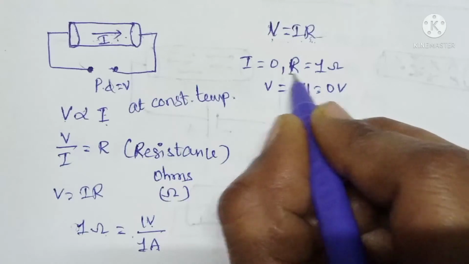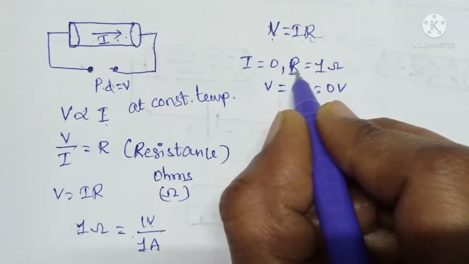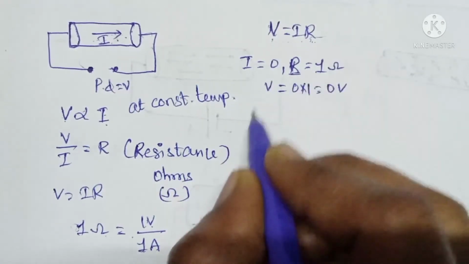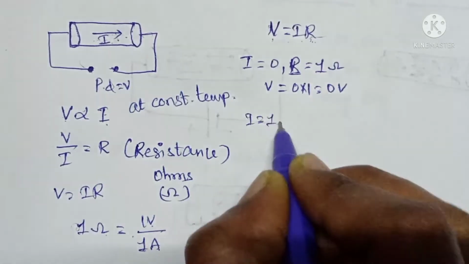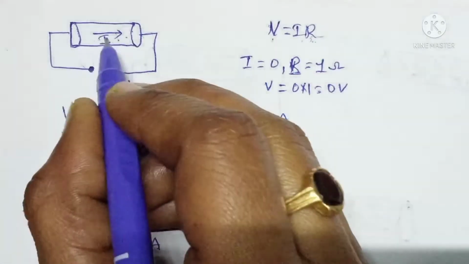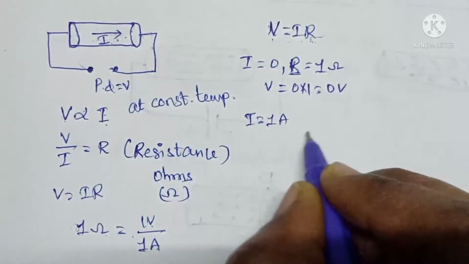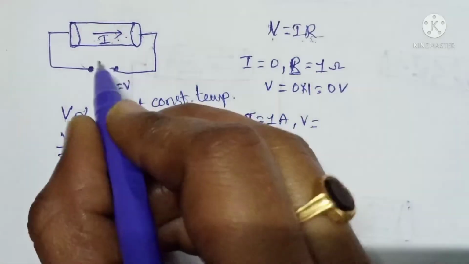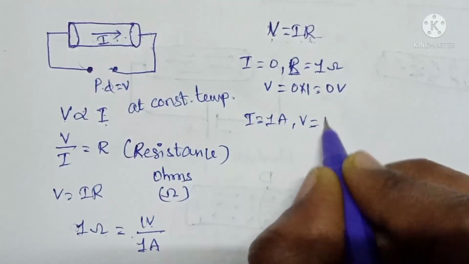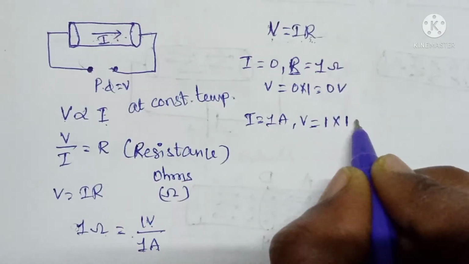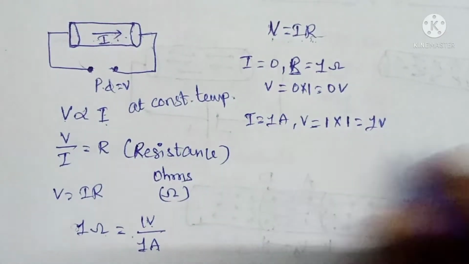If we consider one conductor, the resistance of that conductor is constant. When I is equal to 1 ampere, that means 1 ampere of current is flowing through the conductor, then the potential difference across that conductor is 1 ampere into 1 ohm, which is equal to 1 volt.